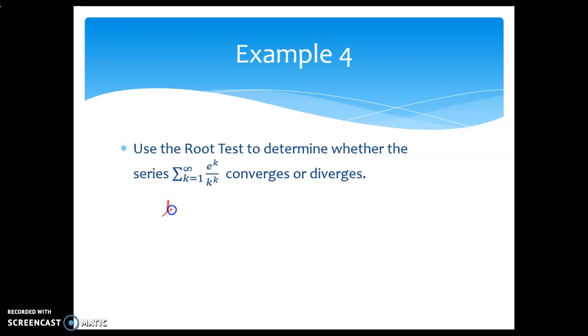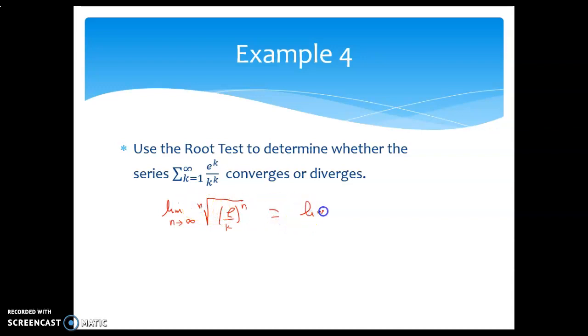So we say limit as n goes to infinity, and we take the absolute value of these, so it's going to be e over k raised to the power of n, and we take the nth root.